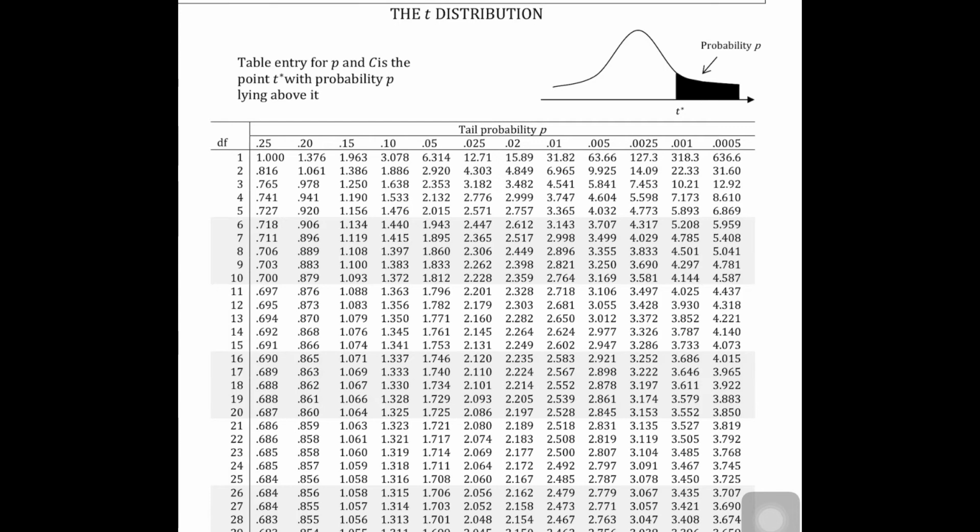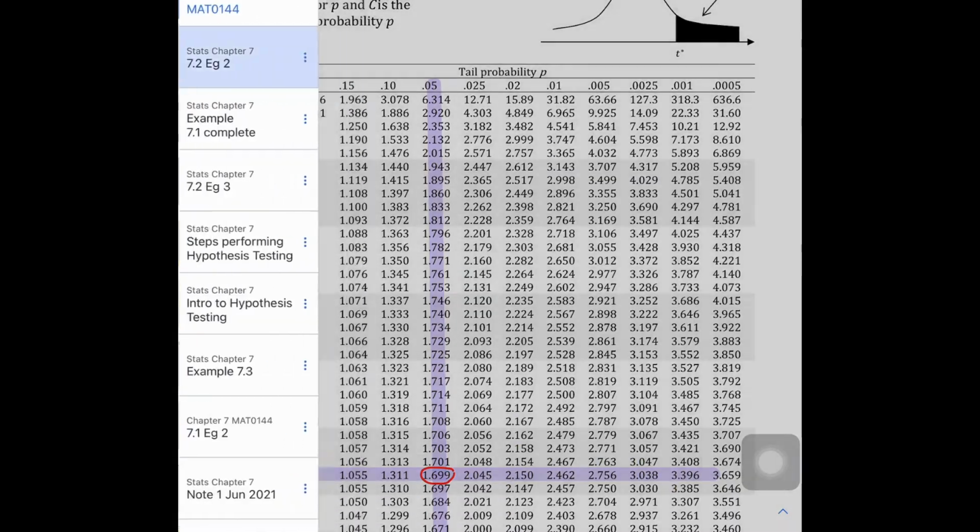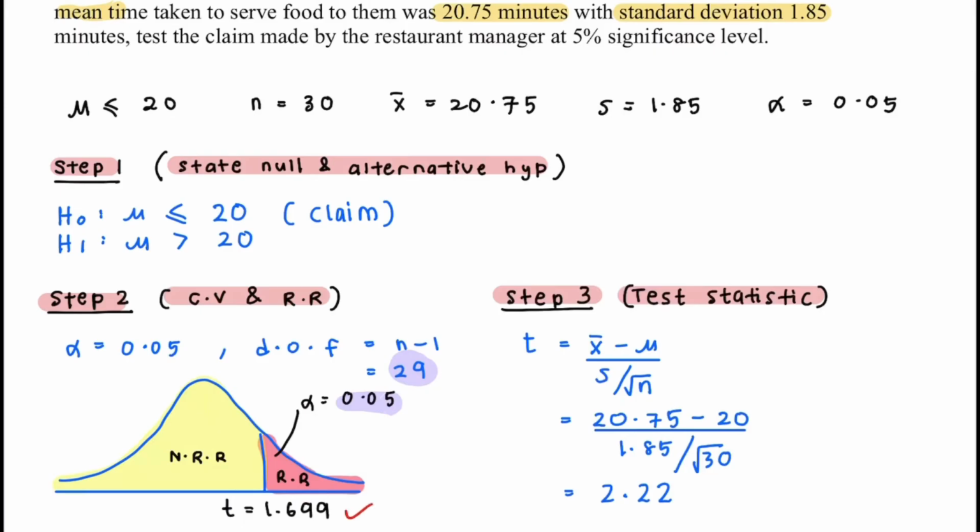So this is the t table. The probability is 0.05 and your degree of freedom is 29. So the intersection value is your answer for the critical value. You have 1.699 as your answer.